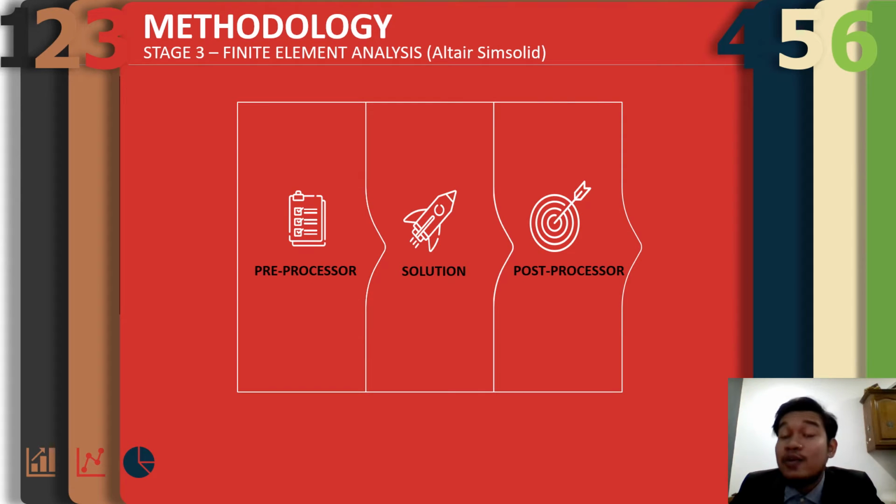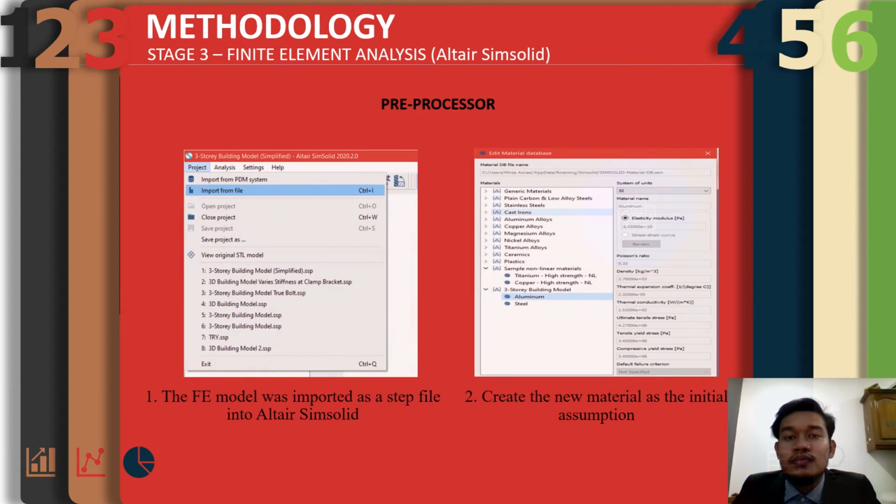Then I will explain both of the FEA methods, classical and adaptive, in a simple way and a simple categorization, which is pre-processor, solution, and post-processor. In Altair SimSolid, during the pre-processor phase, firstly, the FE model was imported into the software as a STEP file.